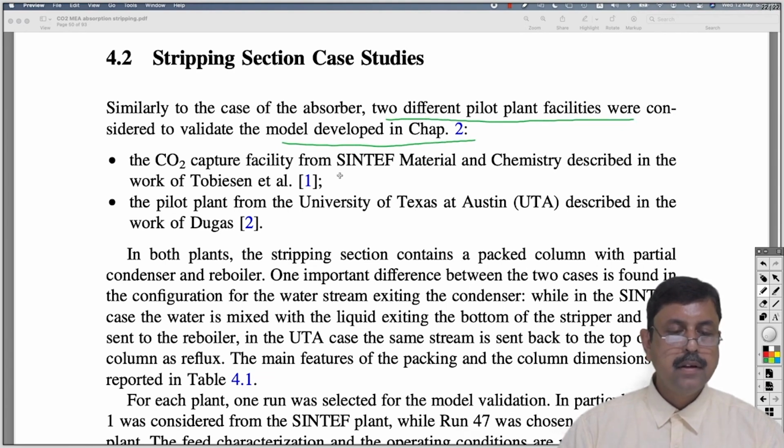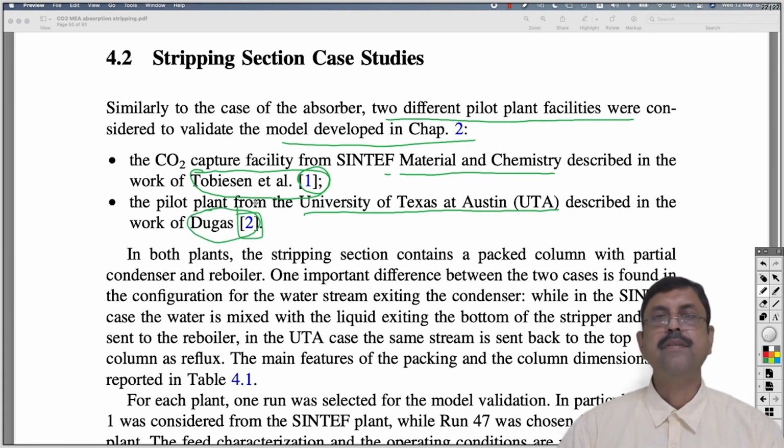One is CO2 capture facility from Sintef material chemistry described in Tobiasen et al., and it is available in this reference. And the other one is a pilot plant from University of Texas at Austin, described by Dugas, found at this reference.